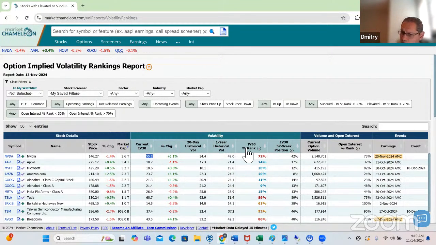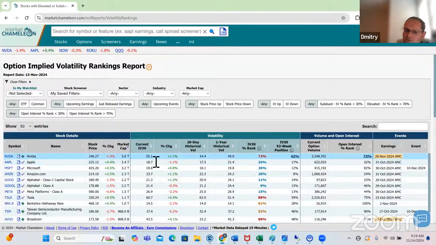But what if we did that with the IV level, and we sorted it from highest to lowest? Imagine 252 observations from the highest to the lowest, and then we want to see how many of those are below 55. That's what we want to see, because the rest would be above it.